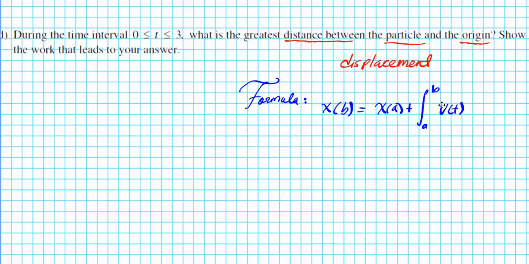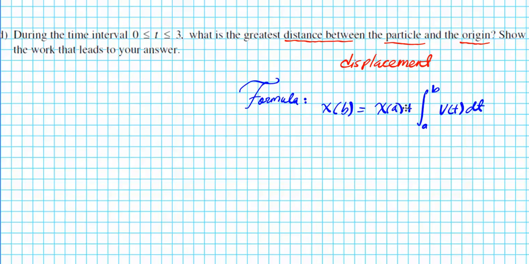You notice there's no absolute value here because this will calculate the net change. It does take into consideration the sign. So you add the net change in position to the initial position, and that will give you the position at time t equals b.